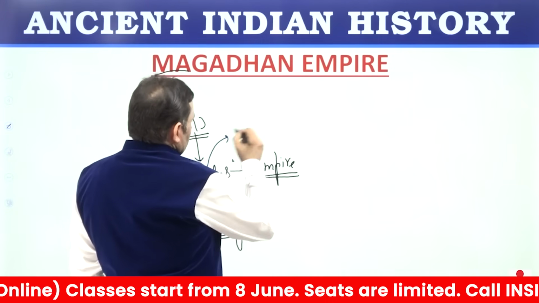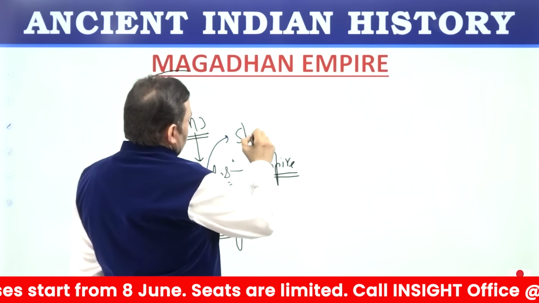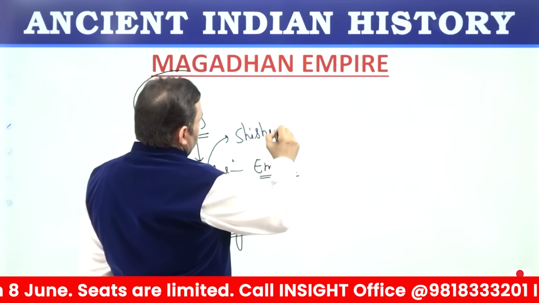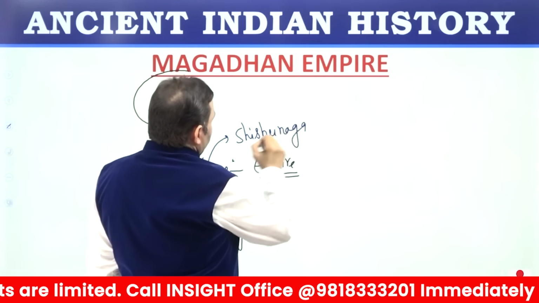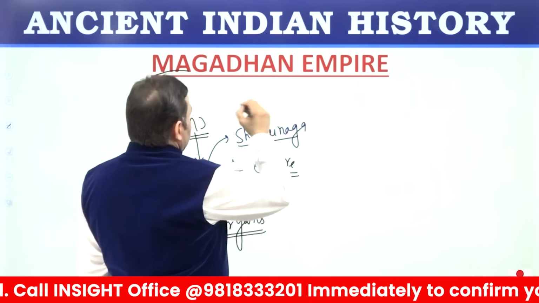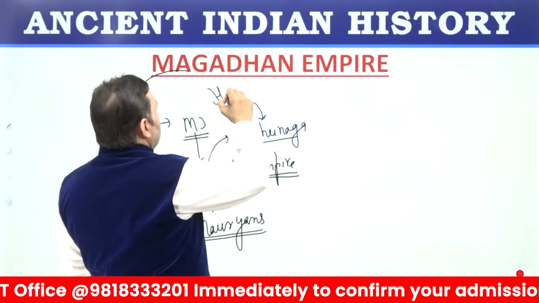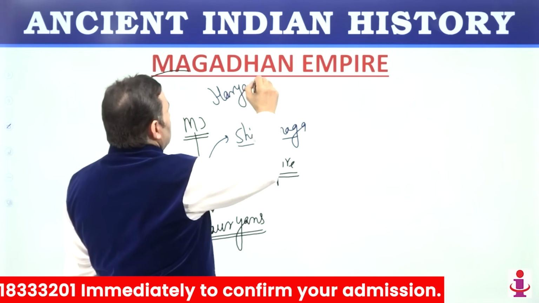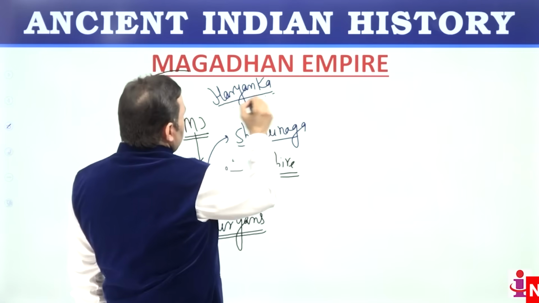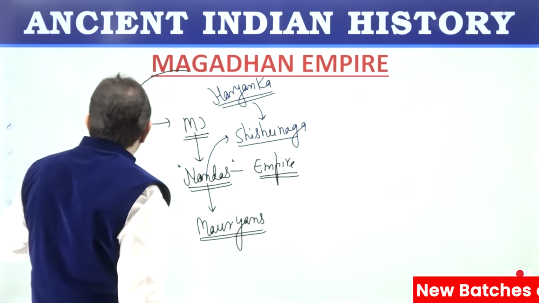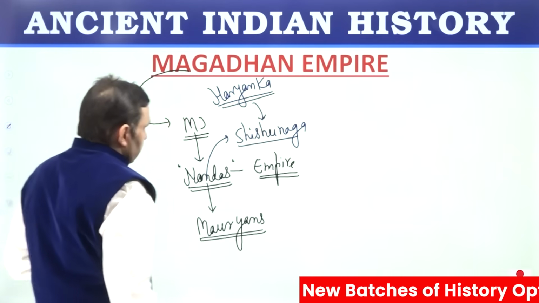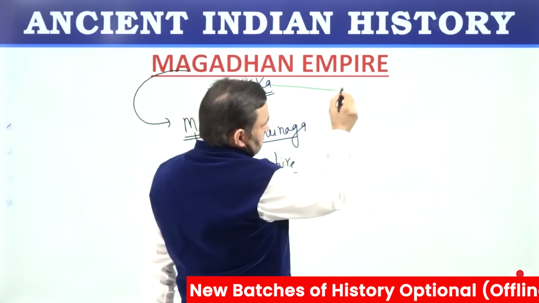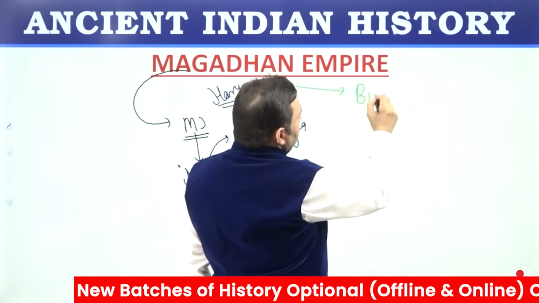Before Nandas, there were a couple of more dynasties. Shishunaga dynasty was before Nanda. And before Shishunaga dynasty, there was another dynasty, the Haryanka dynasty. Haryanka dynasty was founded by a very powerful king. The name you should remember, Bimbisara.